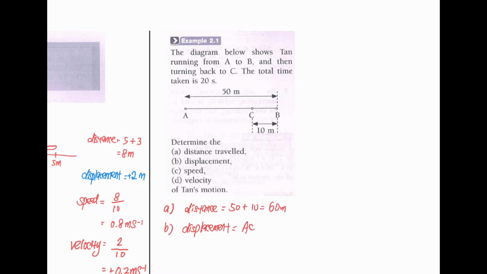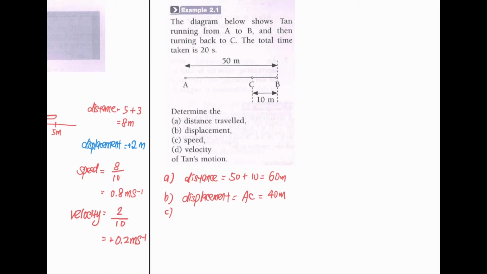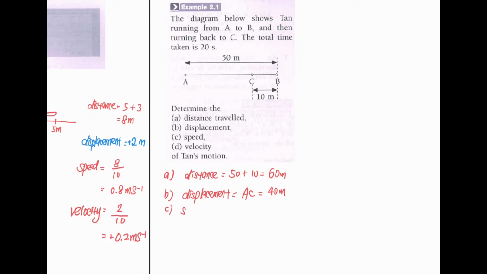AC is 40 meter. Part C, speed. We take distance divided by time. The time taken is 20 seconds. So we get 60 over 20. So we get 3 meter per second.